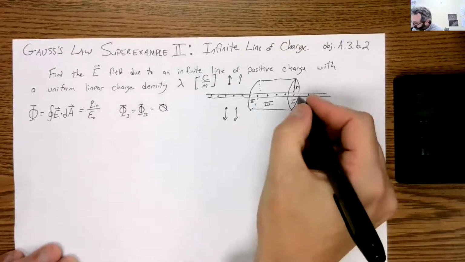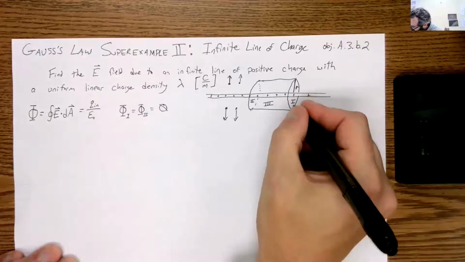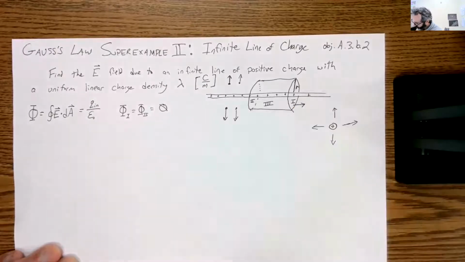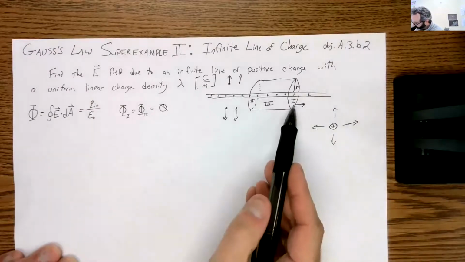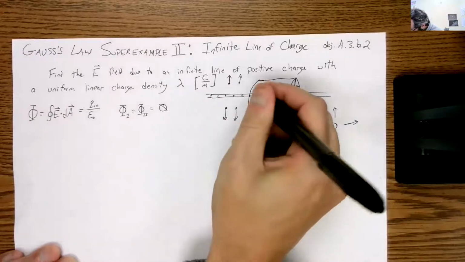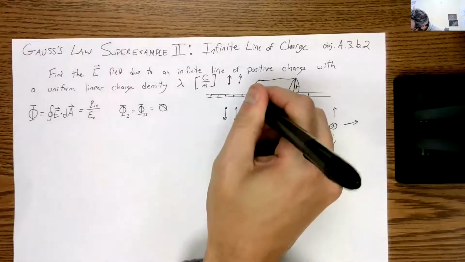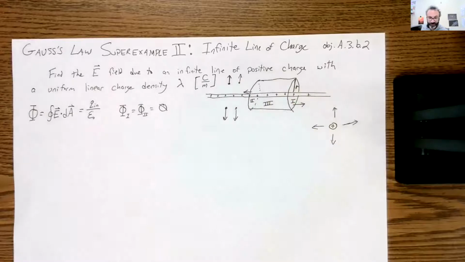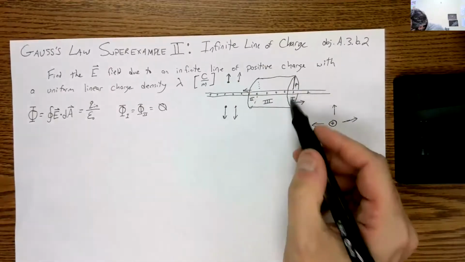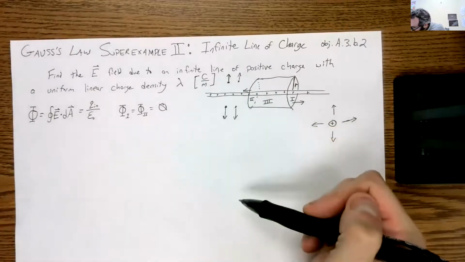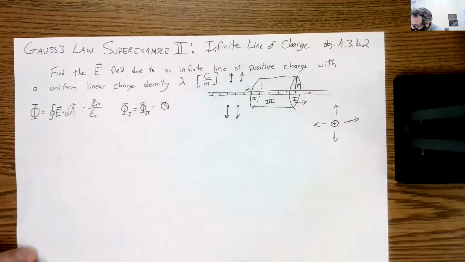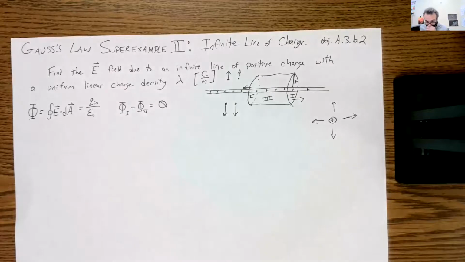That's because the area vector for surface 1 points this way, perpendicular to the electric field, and the area vector on surface 2 points to the right, also perpendicular to the electric field. So the dot product of E dot dA over both of those caps is going to be 0, so the flux through both is 0. Okay with that part of it?